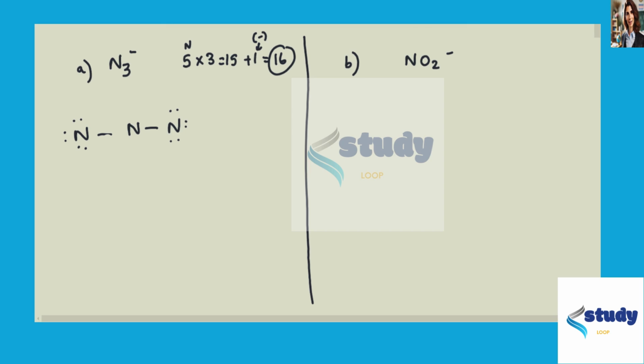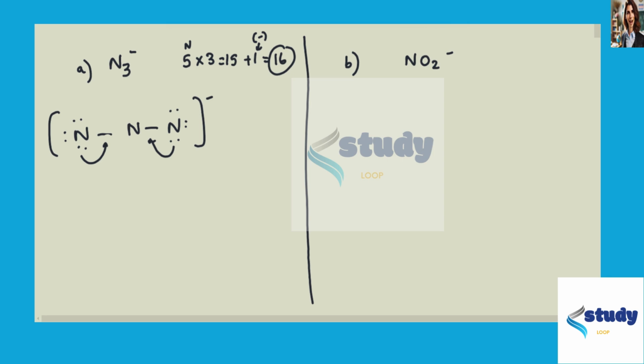The problem is, and you may have noticed this already, that our middle N does not have an octet. So in order to fill the octet for the central N, we need to move a lone pair from either of the peripheral ends, actually both of them, and also put the negative charge here, in order to form double bonds.